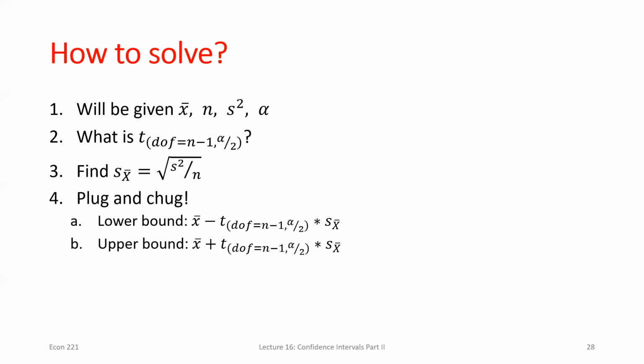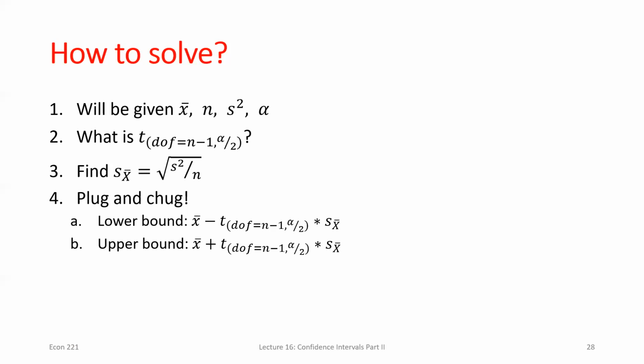That tells me what alpha is. Now, looking up that z value becomes looking up the t value. I can do this intermediate step where I calculate the sample variance of my sample means. So I just have one value to plug in here. Or if I really wanted to, I could substitute that in and do it all at once. So the process is going to be pretty similar, right?